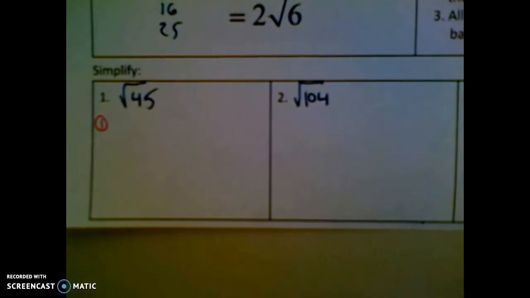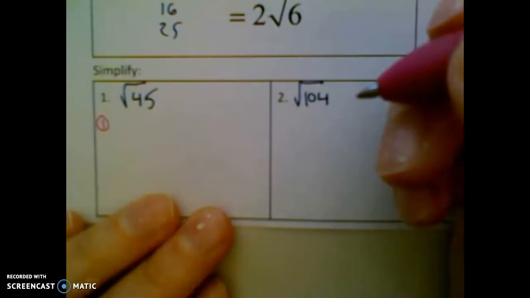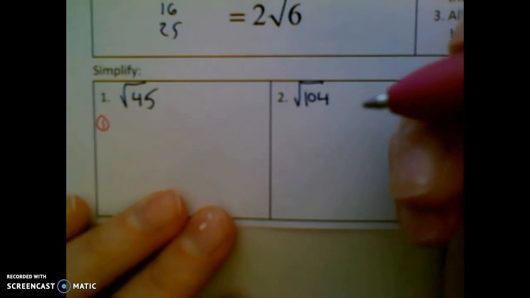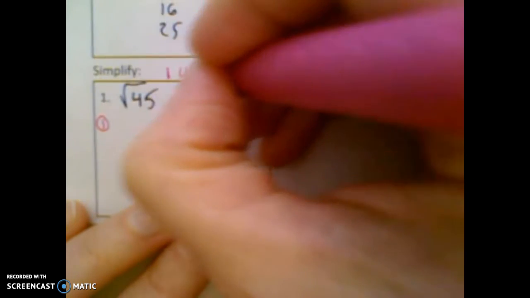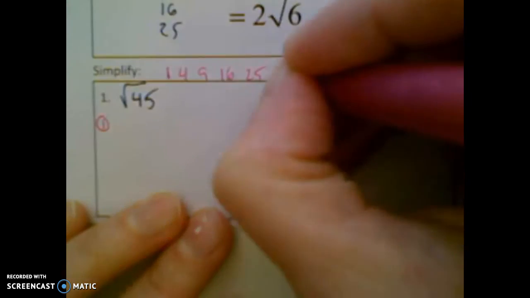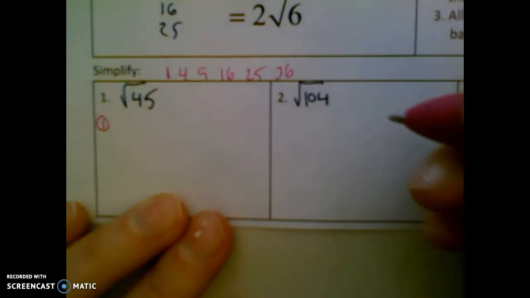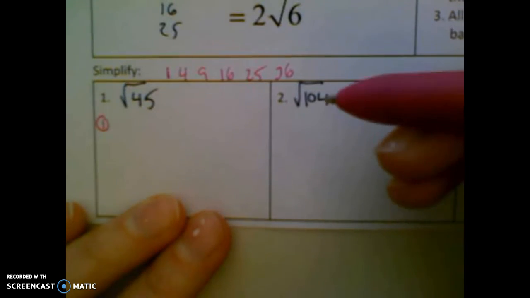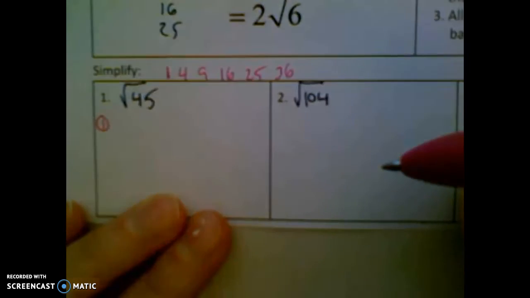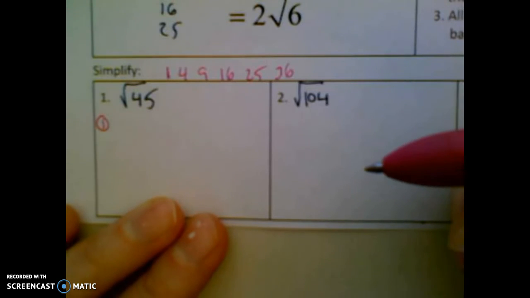So method 1 is when you ask yourself, what is the greatest perfect square that goes into 45? So I like to list my perfect squares on the side of my paper just so I can have them there. So I know 1, 4, 9, 16, 25, 36, and if I need any higher, I go higher. So I ask myself, do any of these numbers go into 45 evenly, and if so, what's the largest?